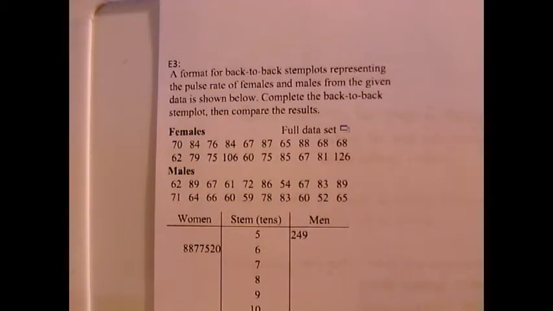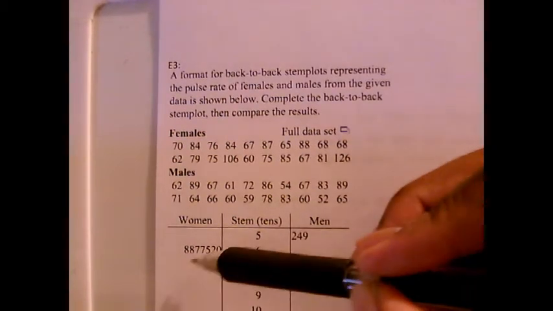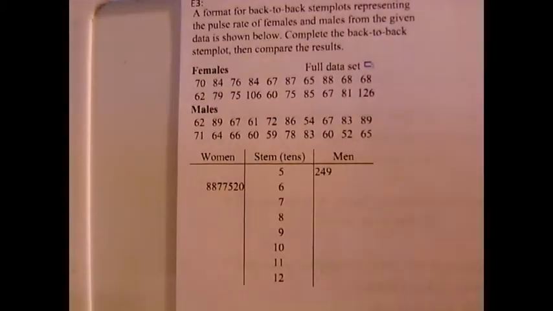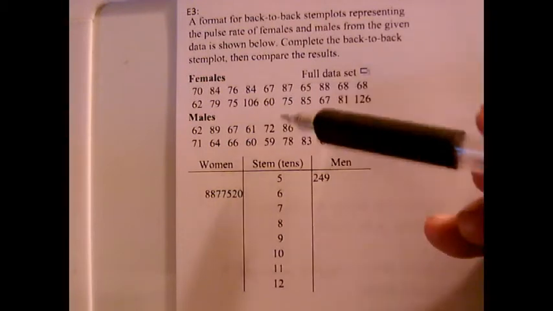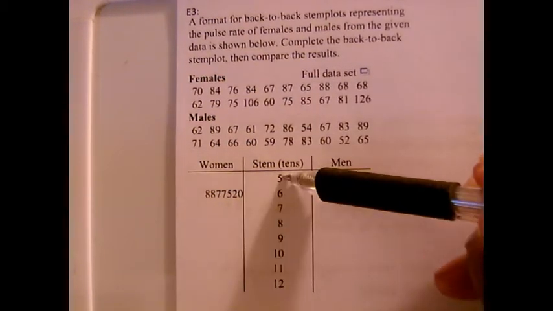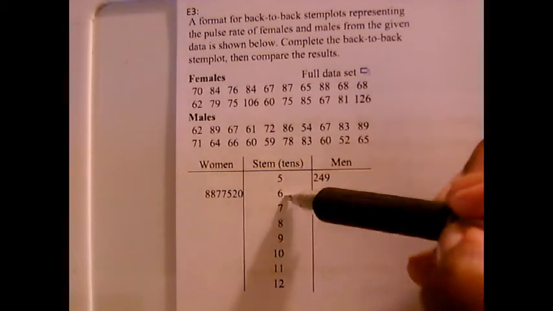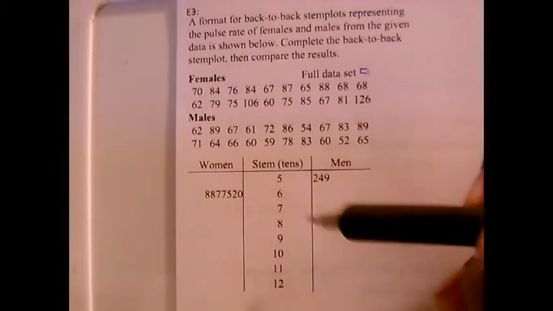Now the stems are in the middle. Your leaves are on the left and the right side. The ones on the left are for females, and the ones on the right are for men. Let's start with the females. For 50, there are no 50s here. For 6, you see that's already completed for you.